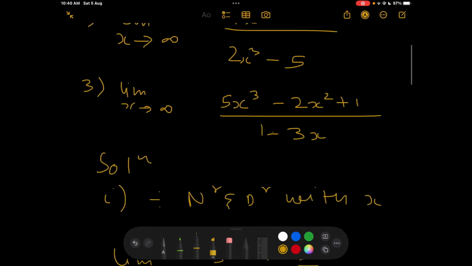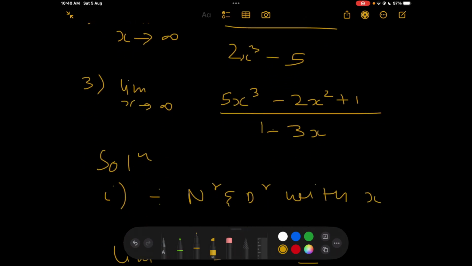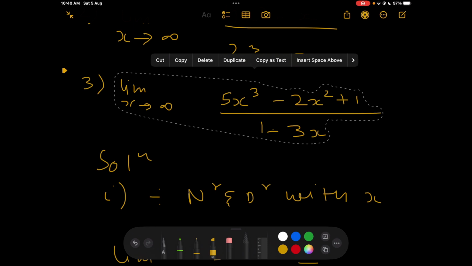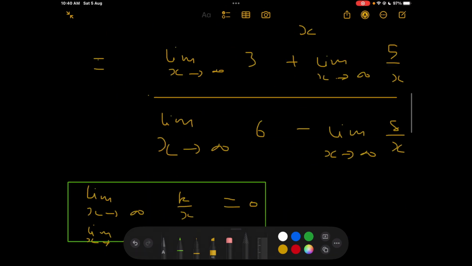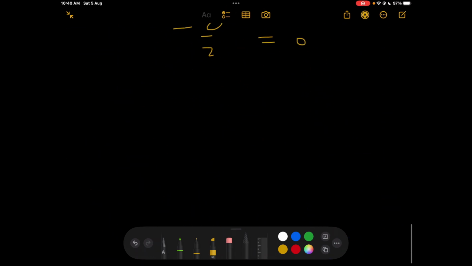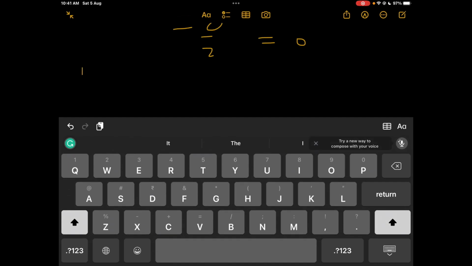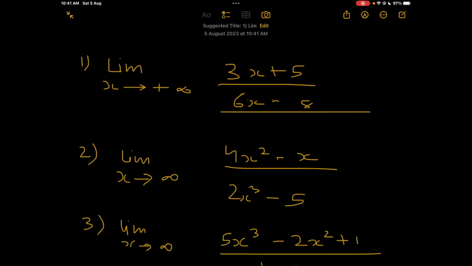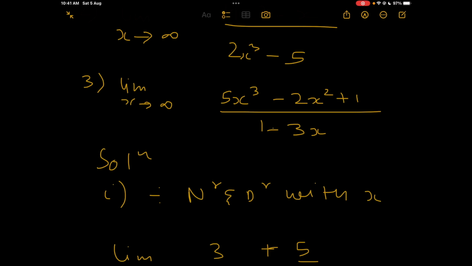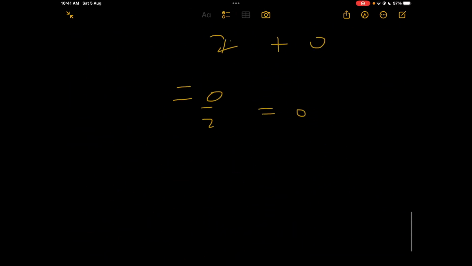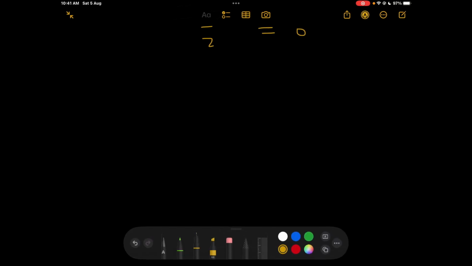Now let us proceed to the third part. One second guys, let me write it. 5x cube minus 2x square plus 1 upon 1 minus 3x.